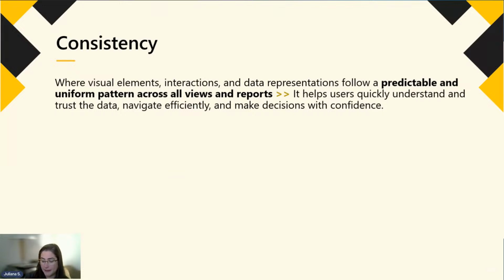Now I spoke about a lot of elements, and we often have to create more than one page or more than one report. And that's something that is key in our development, which is consistency. So consistency is where visual elements, interactions, and data representations follow a predictable and uniform pattern across all views and reports.